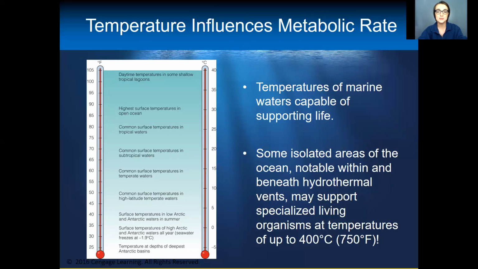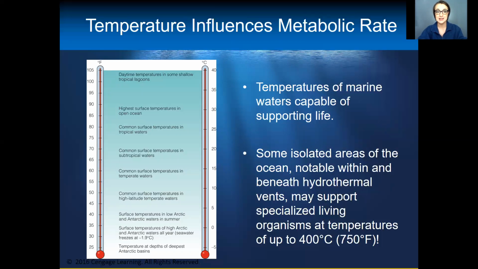So the coldest parts of the Arctic have fish in it, and starfish and a whole bunch of other different species. The hottest parts of the ocean, which are going to be again down by those hydrothermal vents, which can get close to 800 degrees Fahrenheit, these places still have life.